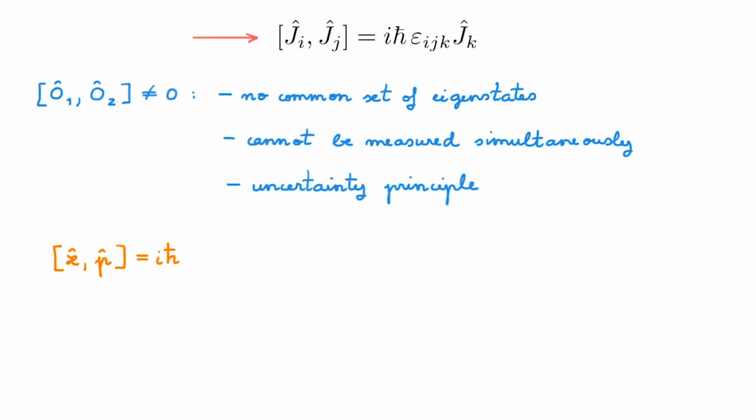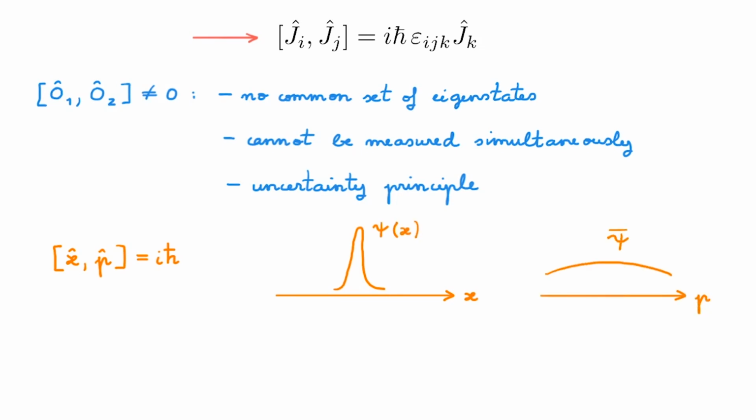And this means that quantum systems behave in dramatically different ways compared to classical systems. For example, representing a quantum state in the position or momentum representations in terms of the corresponding wave functions, if we have a very narrow wave function in the position representation, then this means that we have a very wide wave function in the momentum representation. And the opposite also happens, and in general, they are related by a Fourier transform.